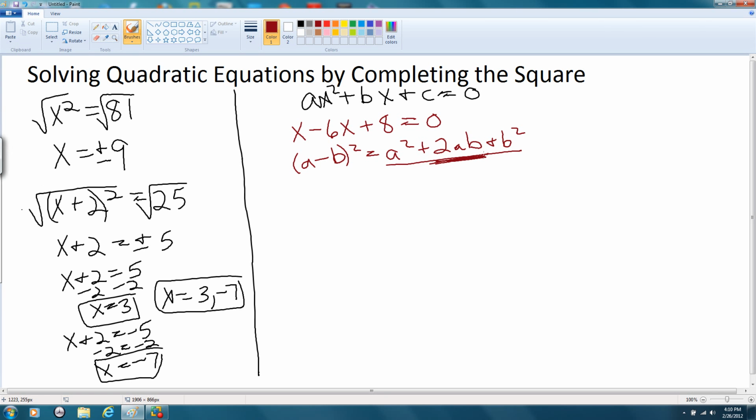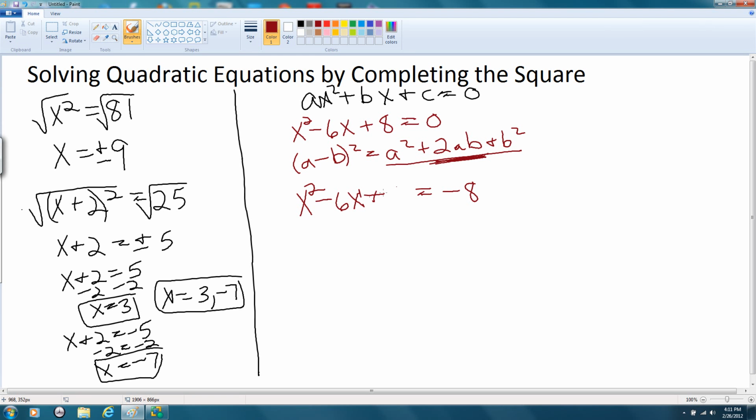I'm going to say, oh, this is x squared, by the way. So I'm going to have x squared minus 6x plus 8. Well, first of all, before doing that even, to start to get it to that side, I'm going to subtract the 8 from both sides. I'm going to get this to be negative 8 over here because I subtracted 8 from both sides.